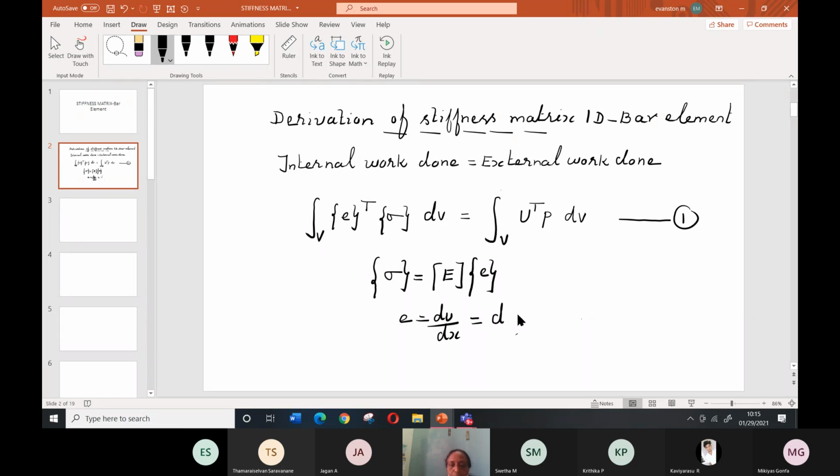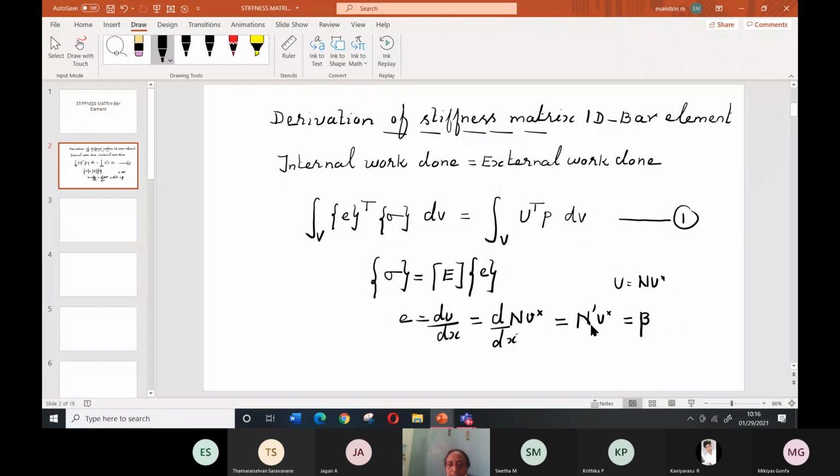What is u? Already I have told you, u is equal to N into u star, that is d of N u star divided by dx. So when I differentiate this one, I'll get N dash, otherwise I can take N dash as beta.